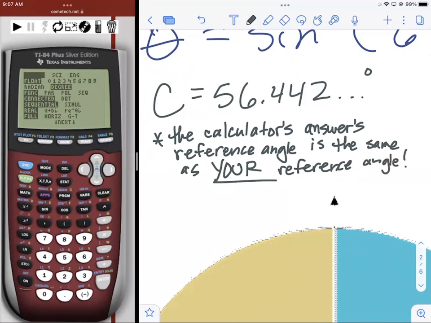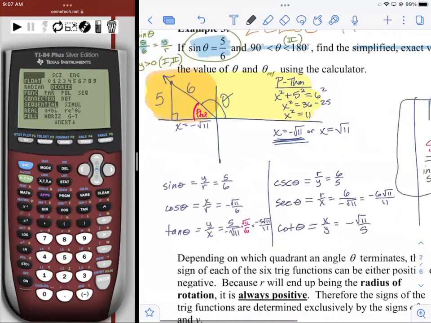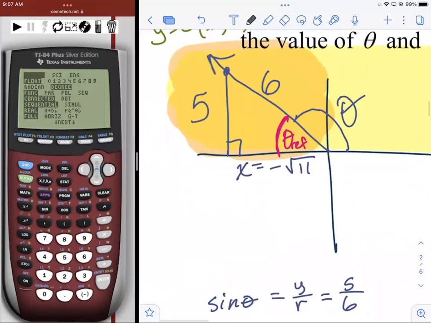So what does that mean? That means if you can find the reference angle of the calculator's answer, that's the same as the reference angle of the one you want. And then once you know your reference angle, right? If you come over here, once we know our reference angle, we can find our angle just by, in this case, from our picture, doing 180 minus that.